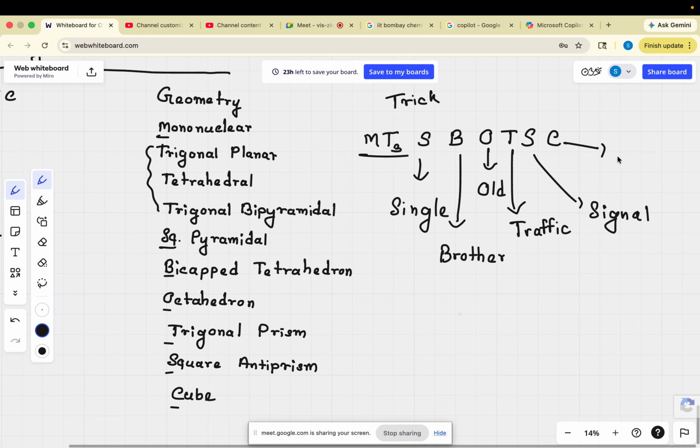B for brother, O stands for old, T stands for traffic, S for signal. And C, you can write down chocolates.